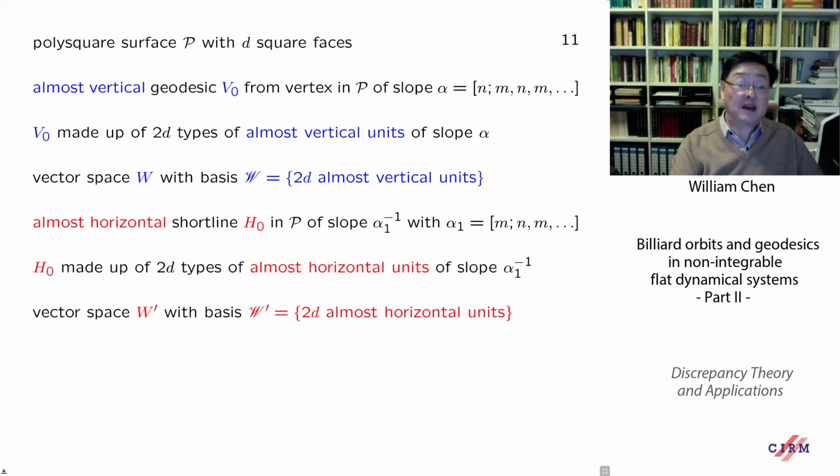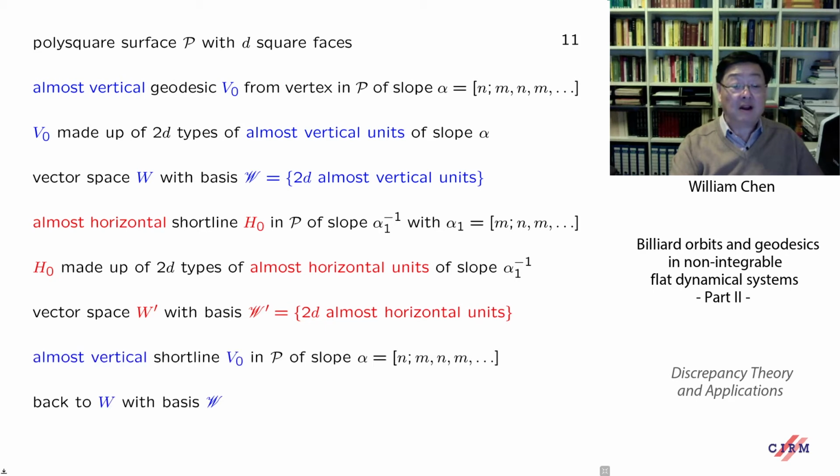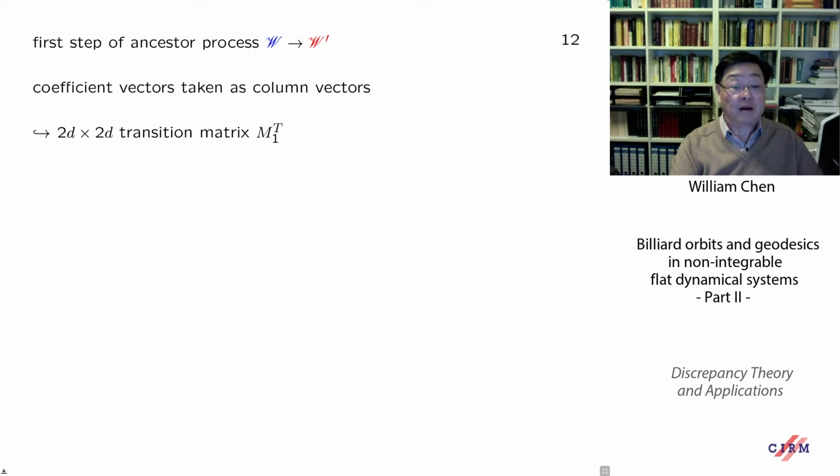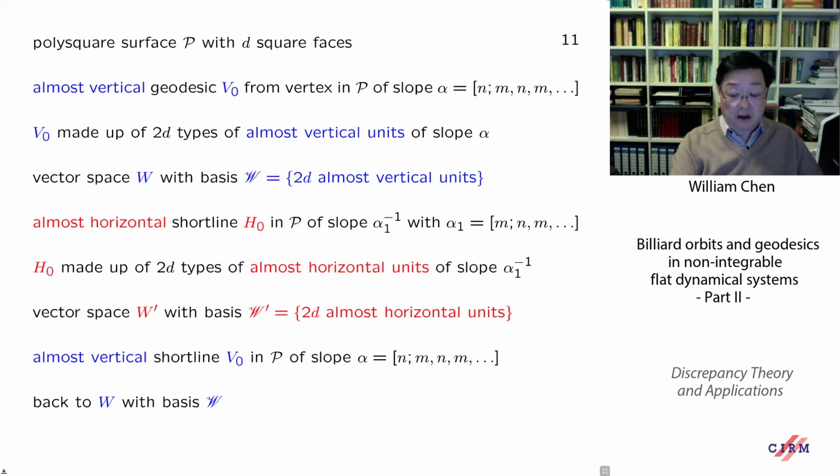So we are thinking here of a vector space W prime with a basis made up of 2D almost horizontal units. And if we look at the short line of H0, we go back to V0, and we are back to the space W with basis script W.